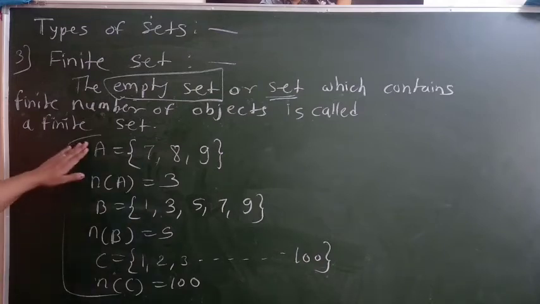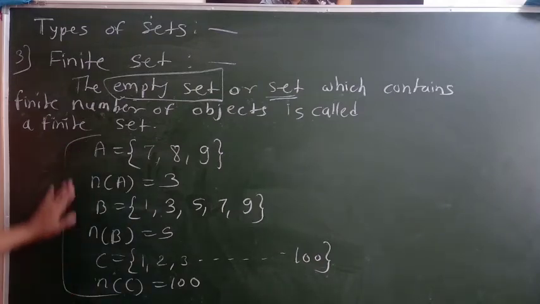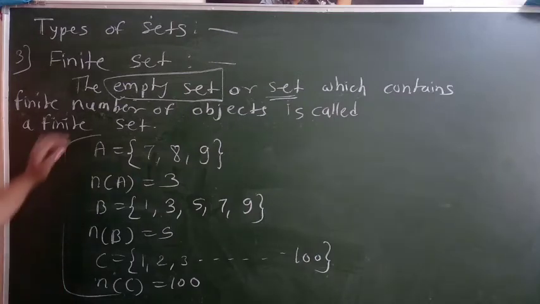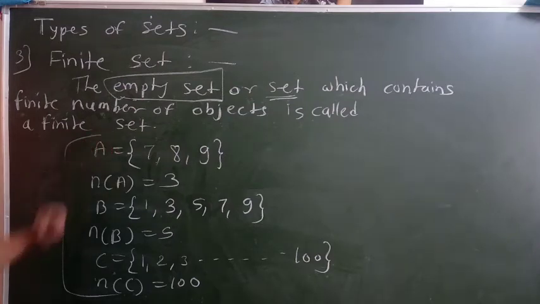So this is your finite number of elements and these are some sets. Now this empty set is again a finite set. So very important, empty set is also a finite set.